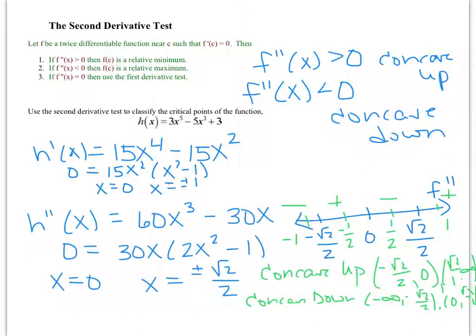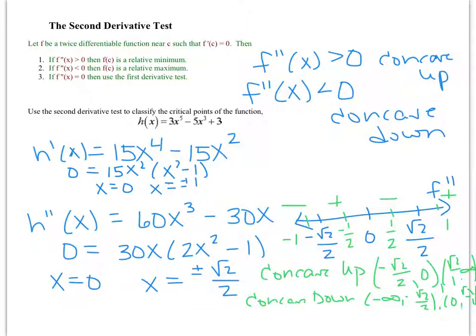So now I'm still going to use that second derivative test to help me out. When x is 0, the second derivative at that value is 0, so that doesn't tell me enough information.